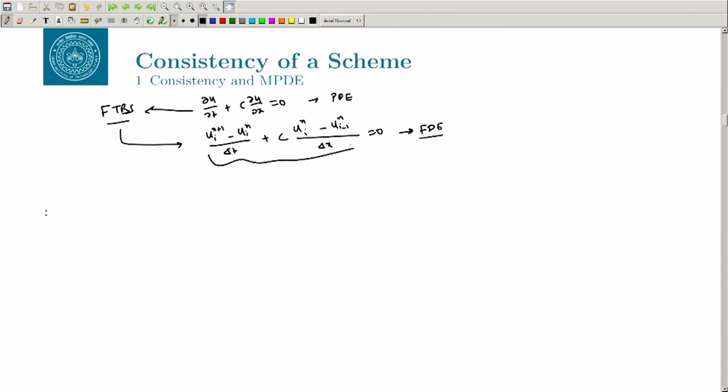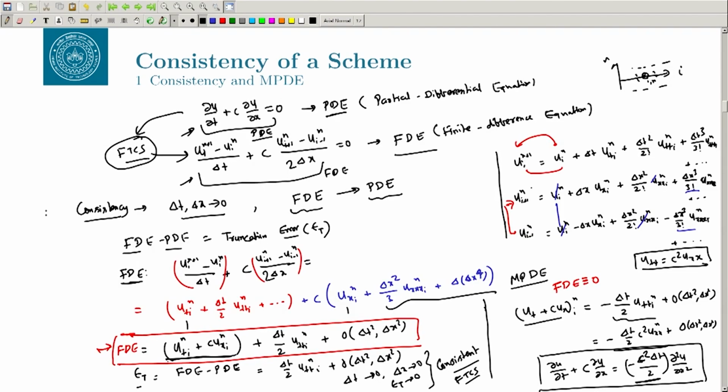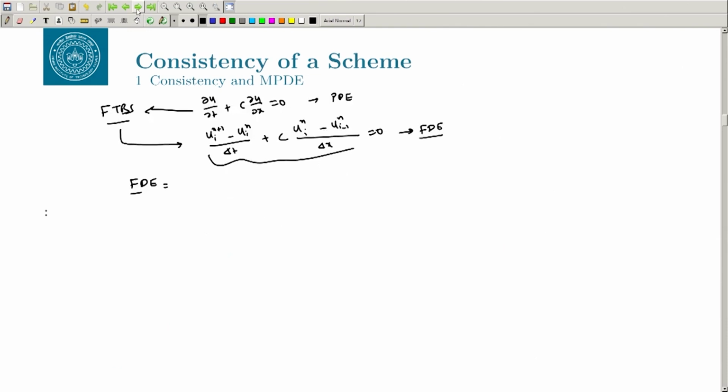So, on the left hand term, which is the FDE, we will expand in terms of Taylor series and write that. We have already written the Taylor series here. Okay. So, we can make use of this and this, right, to get the terms. This will be nothing but the same as the FTCS, the first term.